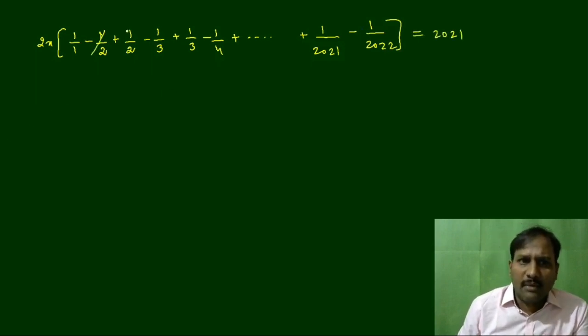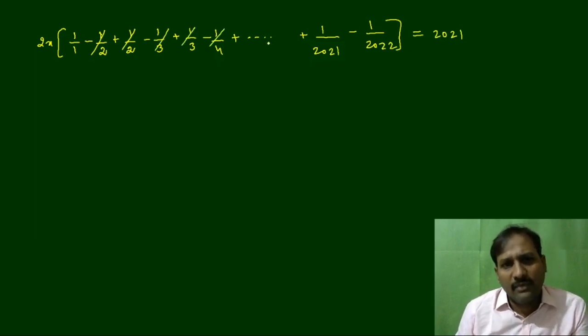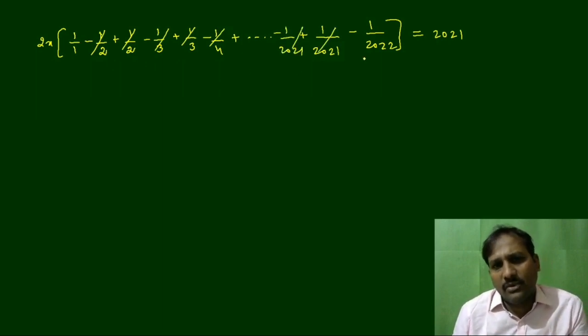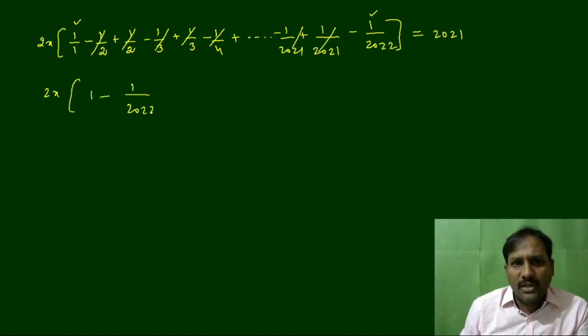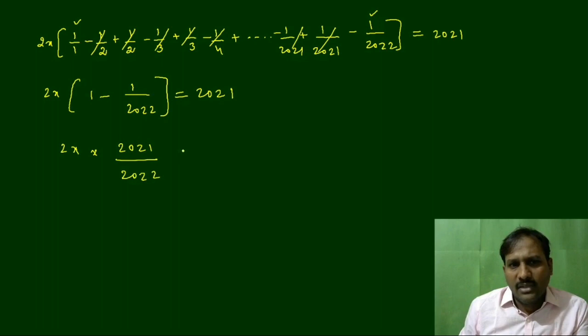Now here minus 1 by 2 plus 1 by 2, minus 1 by 3 plus 1 by 3, minus 1 by 4 plus 1 by 4, and so on, get cancelled. Every term except the first and last terms will get cancelled. Now what is remaining? 2x into 1 minus 1 by 2022 is equal to 2021. Let us simplify this. 2x into 2022 minus 1, that is 2021 by 2022, is equal to 2021.